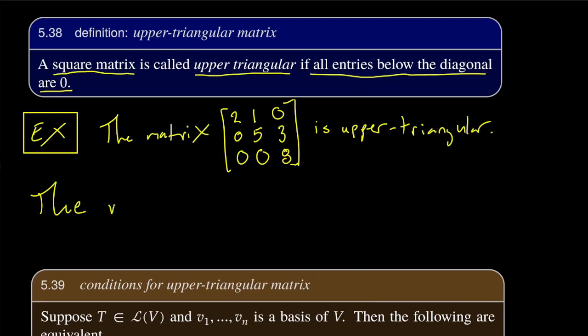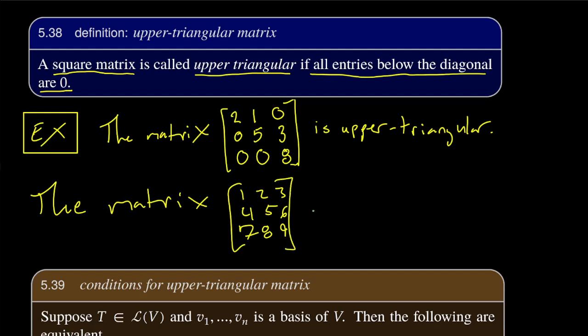Here's one that's not. Let's do 1, 2, 3, 4, 5, 6, 7, 8, 9. This one's not. Let's see why. In the first matrix, below the diagonal, these are all zeros.